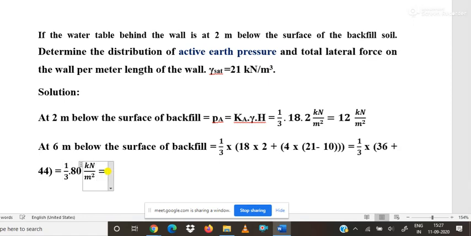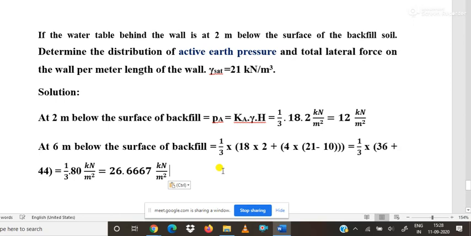This is equal to 26.6687, like this, kilonewton per meter square.